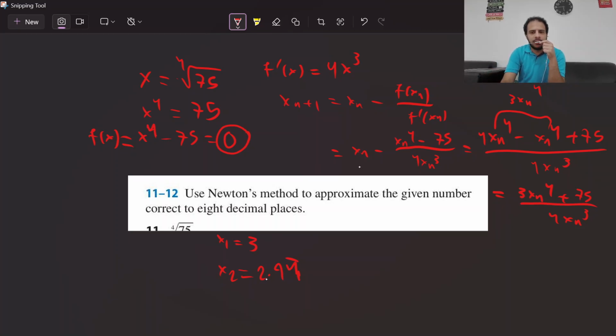What are the correct digits now? Is it clear or not yet? Yes, it is clear. 2 is correct, right? We know 2 is correct because we know the solution is between 2 and 3. So if it's not 3, then 2 is the correct one. Let's continue now. x3.